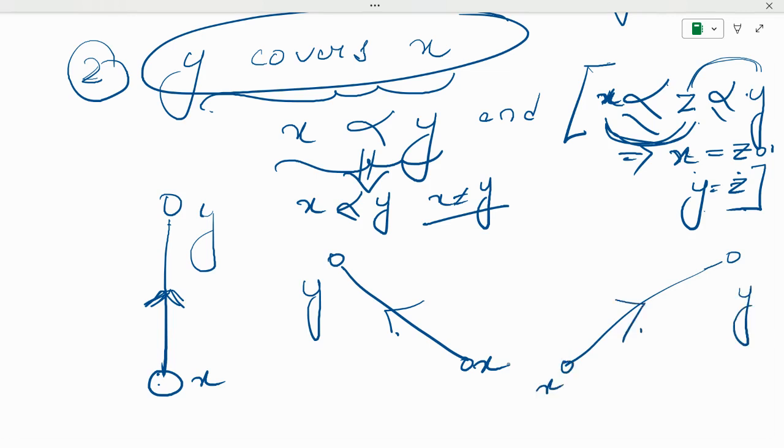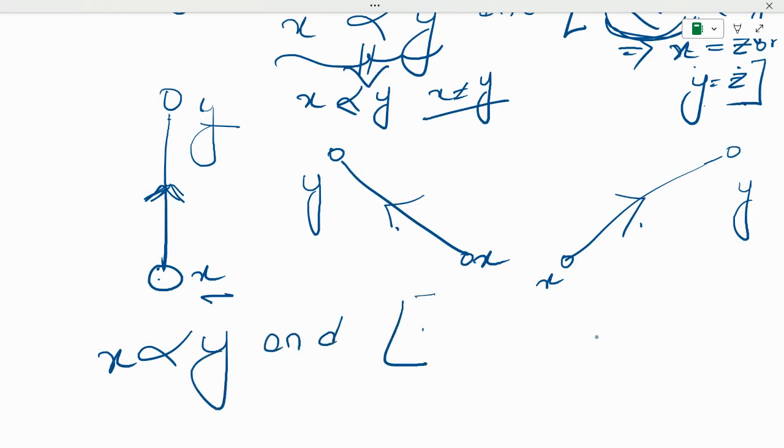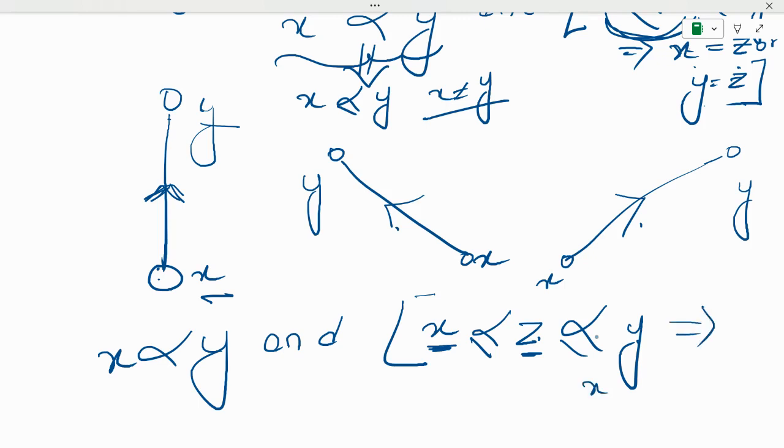Now y covering x means x has a partially ordered relationship with y, and if there exists a z such that x relates to z, and z relates to y, then it implies that either x is equal to z, or z is equal to y.